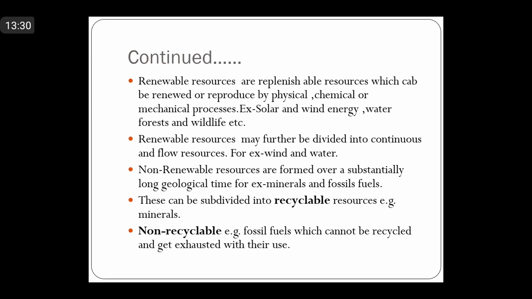For example, solar and wind energy, water, forest, and wildlife. As I told you with the help of that mind map, the renewable resources may further be divided into continuous or flow.